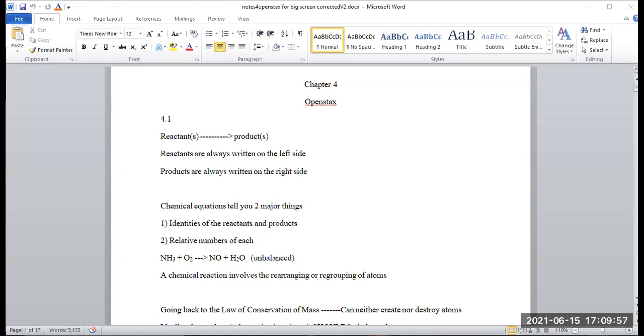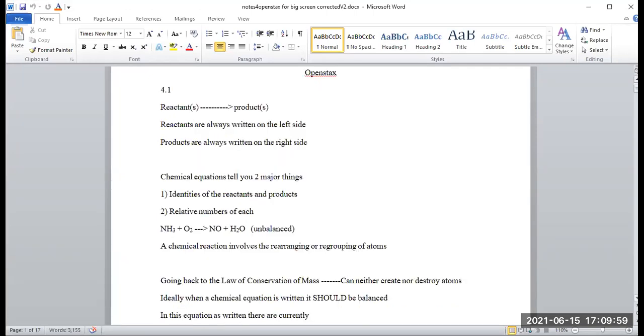So when we look at a chemical reaction, we are looking at two big things as your starting point. What are the identities of your reactants and your products? What did you start with? What did you make? But then you also need to know the relative numbers of each.